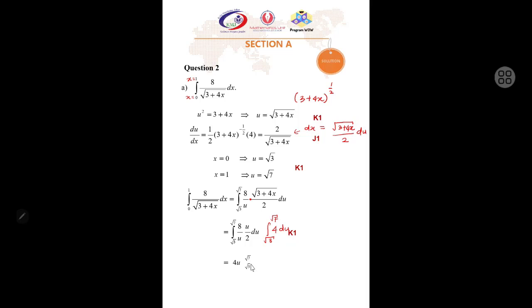Integrate 4, you will get 4u. Don't forget the lower and upper limits. This is K1, and then the final mark is for your answer. Substitute your upper and lower limits. So this is your G1. So that is question 2a.